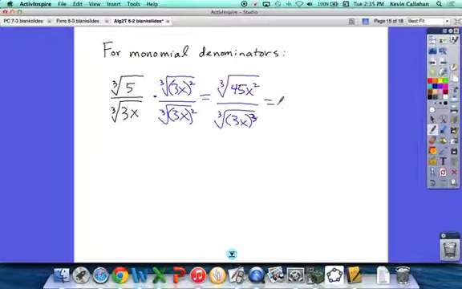So this is the third root of 45x squared divided by 3x. Here, we multiplied 3x in this one, which is to the first power, times 3x in this one, which was squared, is 3x to the third.